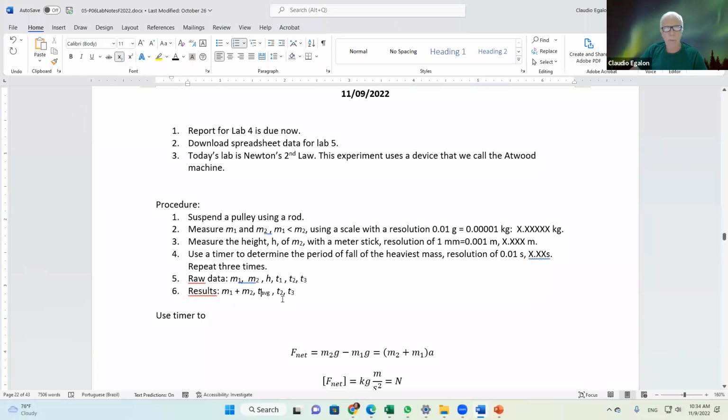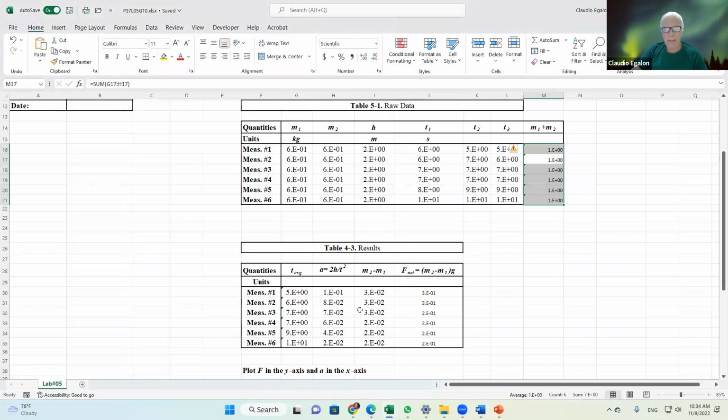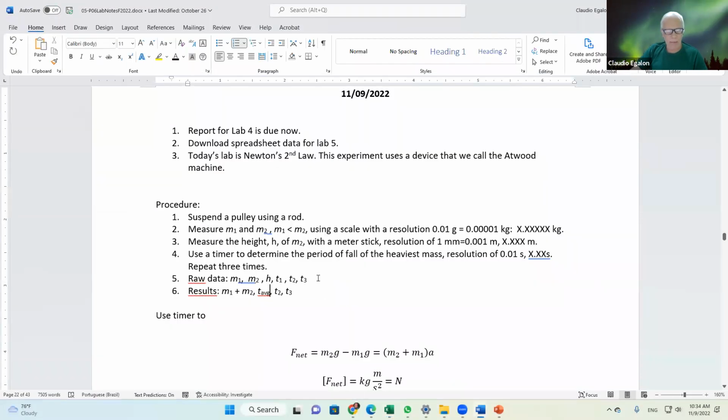We have to transform T1, T2, T3 into T average. Make sure you get the right significant digits there. Then, with the values for T average and the height, we determine the acceleration. So that's another result: acceleration.